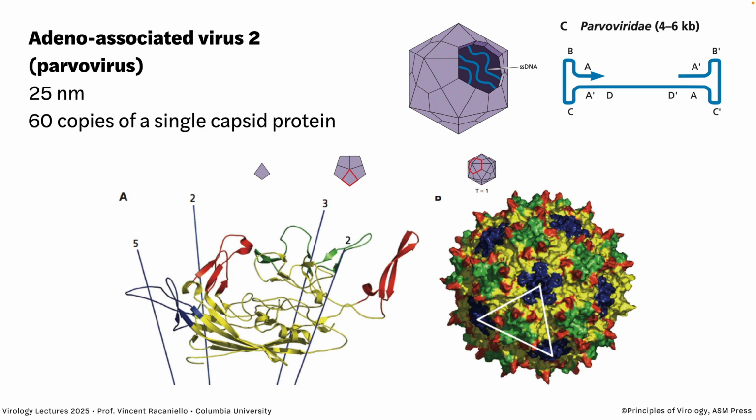And that's the capsid protein right there. And they have marked the axes of symmetry for you. So 5, for example, here is the 5-fold axis of symmetry, which simply means there are 5 copies of this protein surrounding it. So 60 copies of that protein is enough to make up these small virus particles.